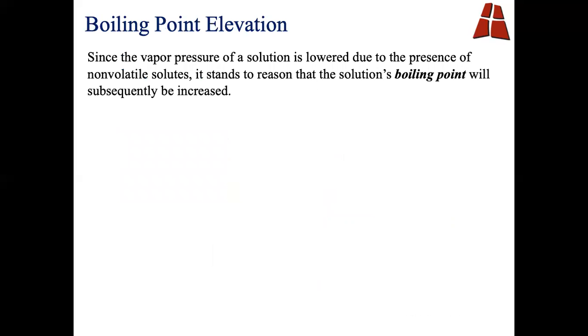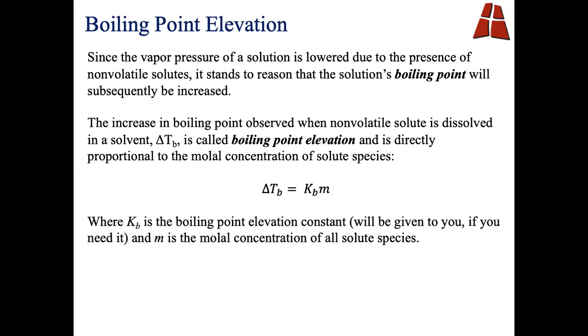Okay. In addition to vapor pressure depression, we have boiling point elevation. And so this is when we lower the vapor pressure. When we do that, it also raises our solution's boiling point, okay? And we can quantify this using this equation here, where we have the change in our boiling point temperature, and that is going to be equal to some constant, K. It is the boiling point elevation constant.